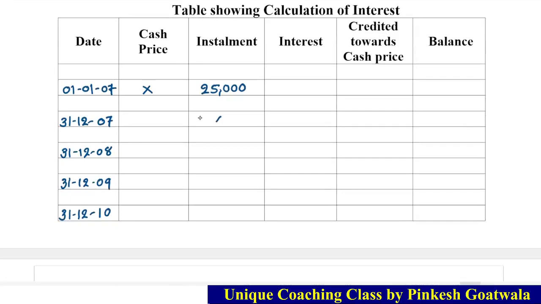Okay, this is not available. 40, it is not available. 20 and 12. Okay, clear? So we have 3 installments, 1 installment is not available, cash price is also not available.